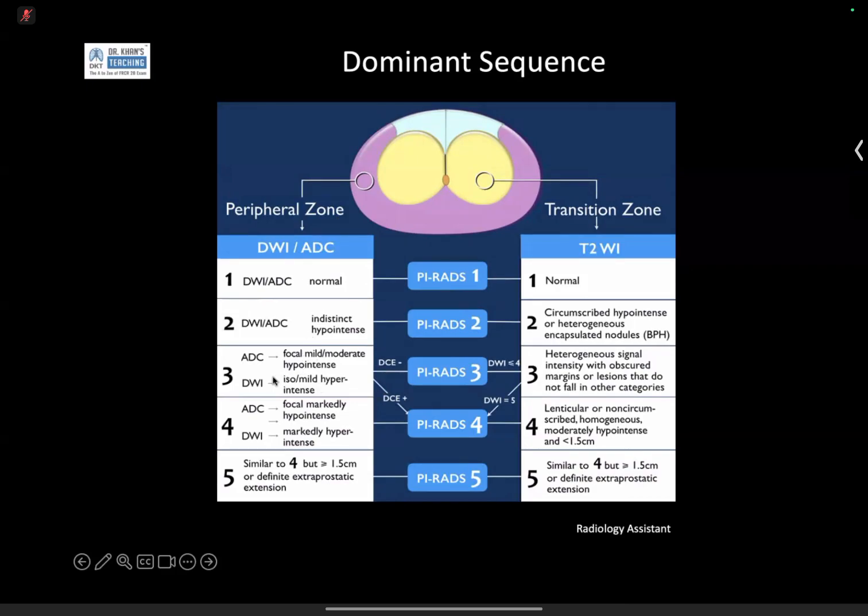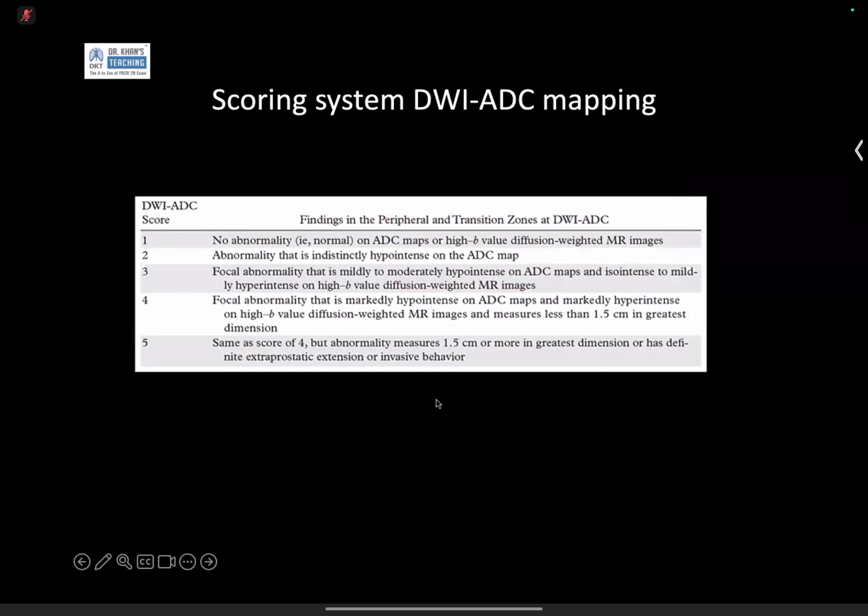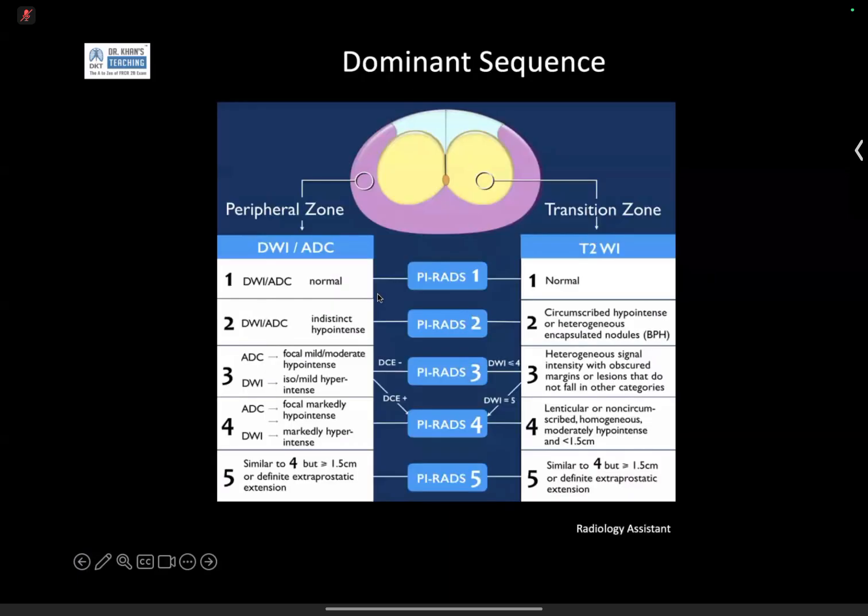For example, in the peripheral zone, there is a PIRADS 3 lesion and it enhances on contrast, it will make it a PIRADS 4 lesion. Similarly, in the transition zone, if there is a PIRADS 3 lesion and it is DWI positive, DWI score of 5, overall scoring will change to PIRADS 4. So for people who report them, they should know all of these.